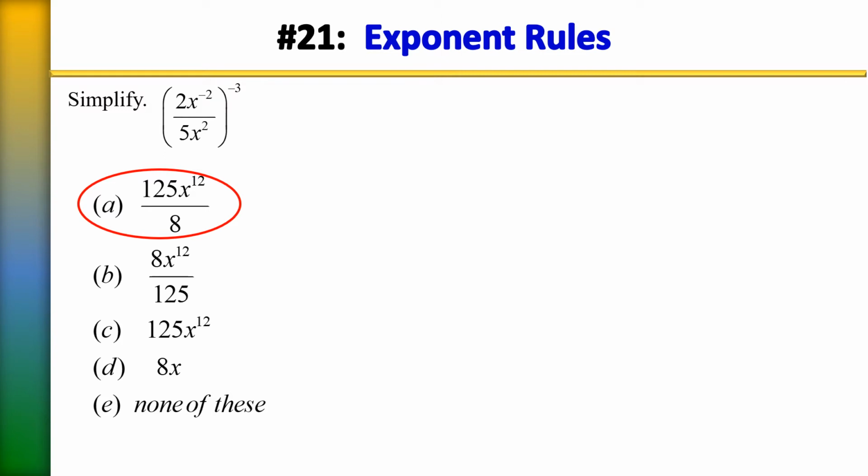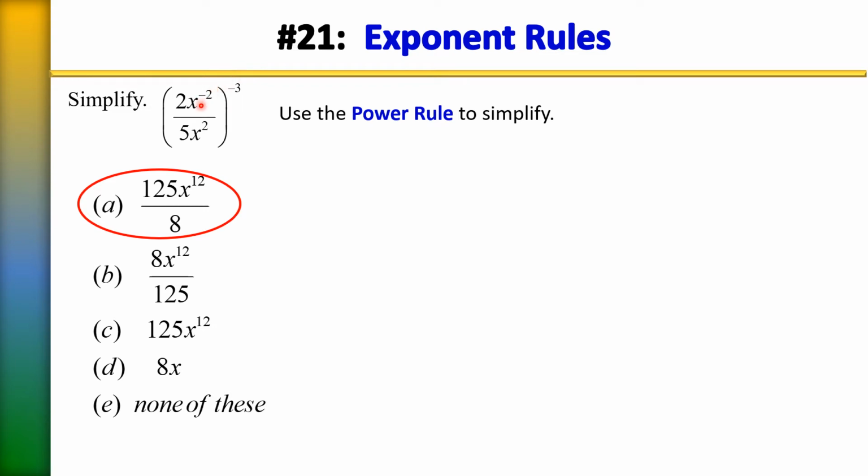So this is what we call the power rule, and you know power rule because power rule is in parentheses. So you're going to take each term within and raise it, both the top and the bottom, to the -3rd power. So let's begin. We have 2 to the -3 power.